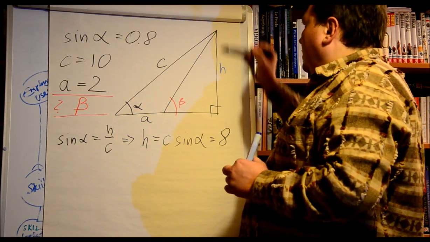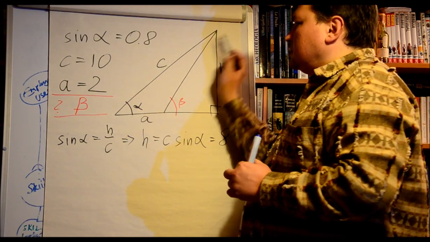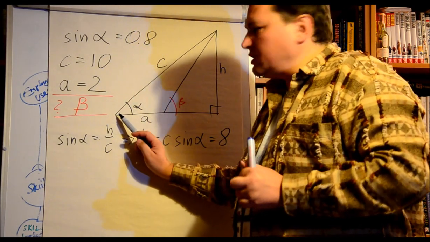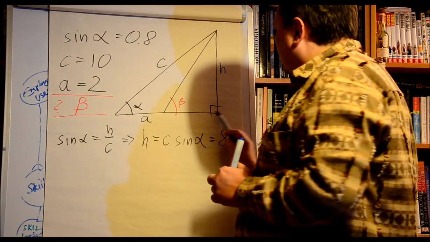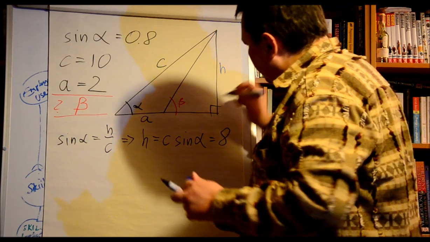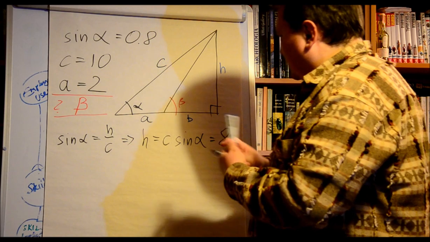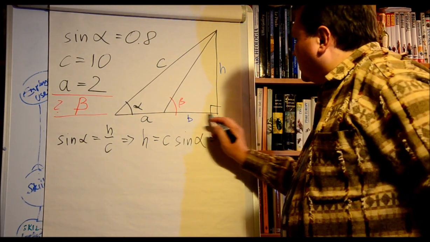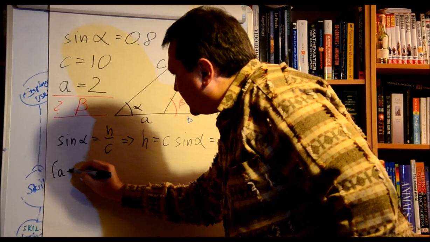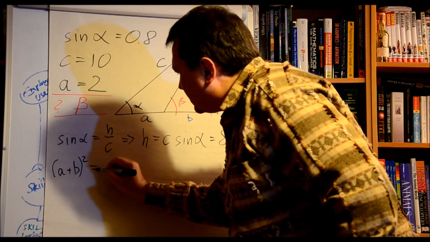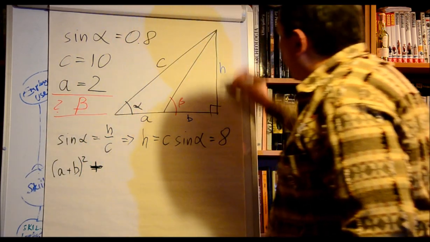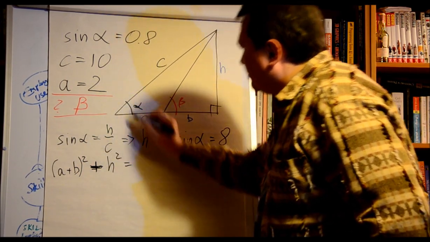Now, once we know this height here, and we know c as well, we can use the Pythagoras equation to calculate the entire length of this basis here. I will add one more symbol, b, for this section here, from here to here, okay? And so what I get is a plus b square plus h square equals c square.